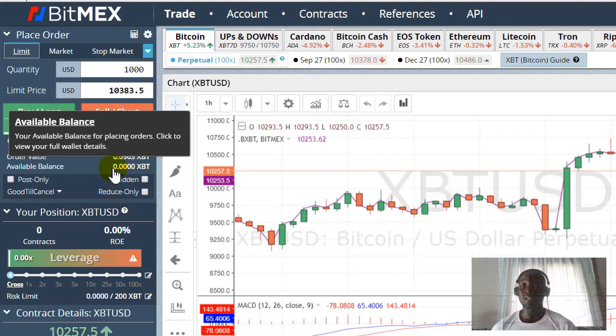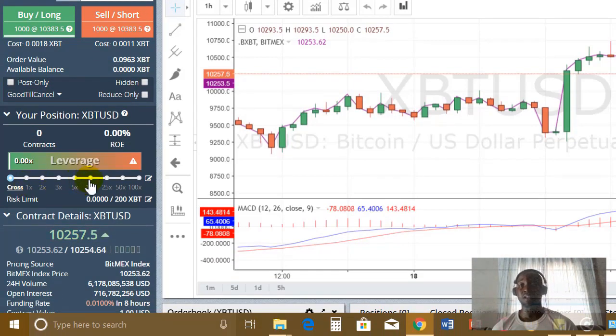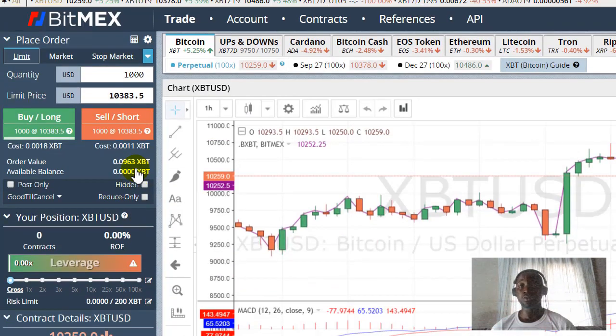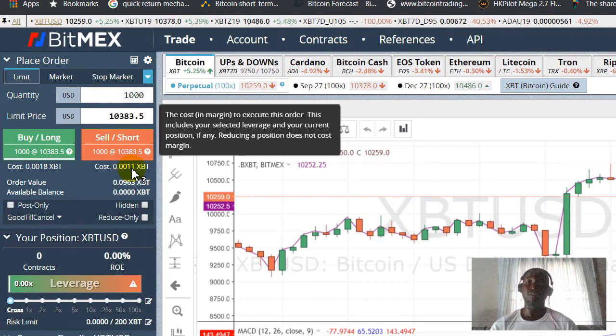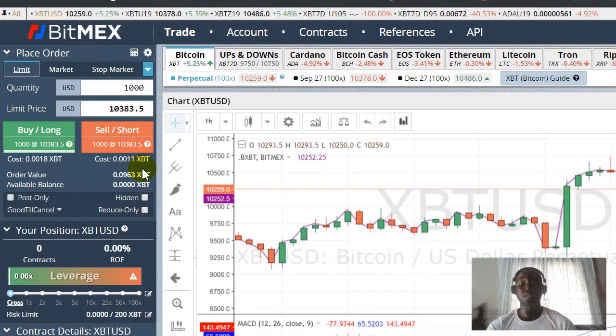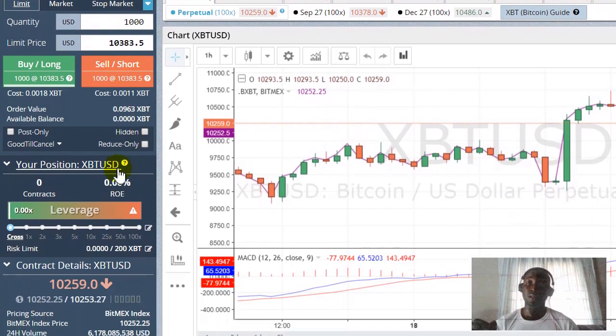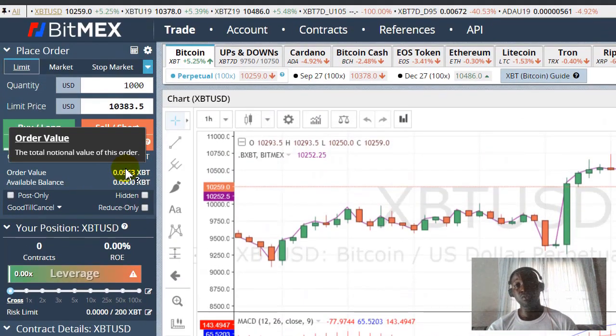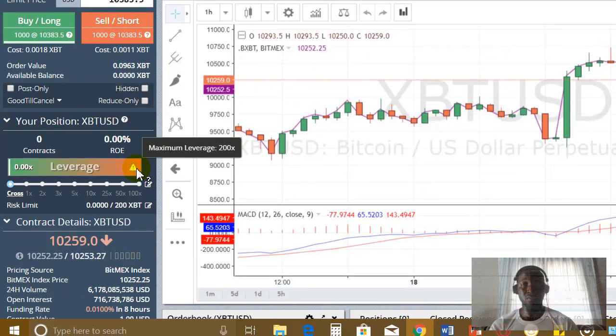So for beginners, I advise you to use between 1x and 5x for your trading. If it goes against you, you only lose what you inputted, and the cost of whatever amount you input. That's the only thing you will lose. With cross leverage, you're going to lose the whole of your account if it hits your liquidation price.